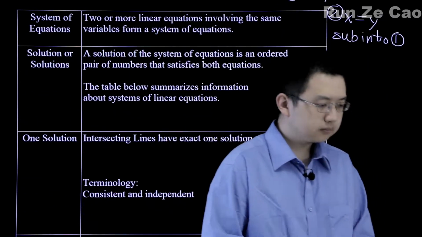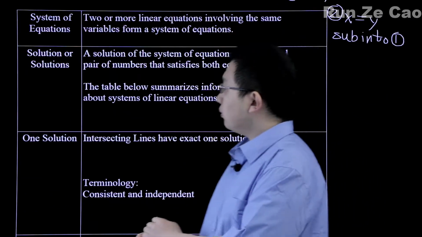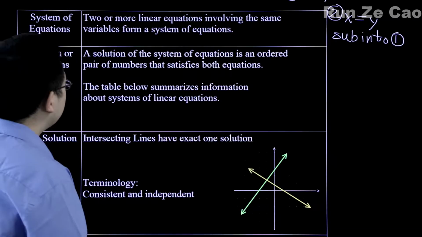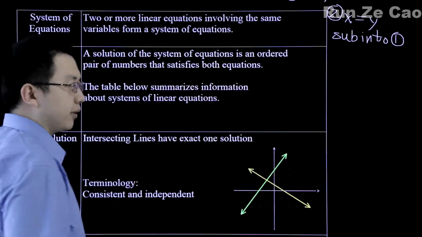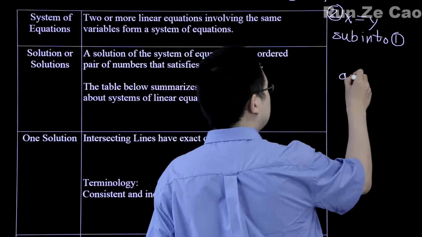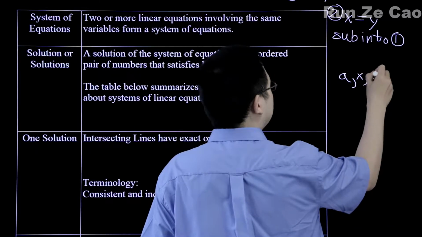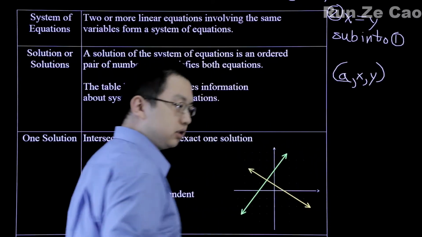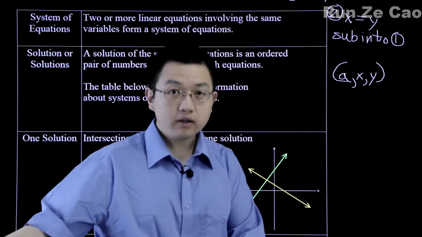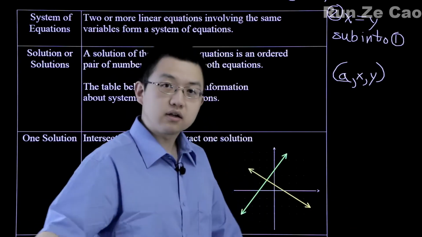Now, when we solve a linear equation, what are we actually finding? Here it says, an ordered pair of numbers. Why an ordered pair? Suppose you have the variables a, x, and y in your particular set of equations. Or a, b, c, d, e, f, g, and so on, all the way to y, or z.